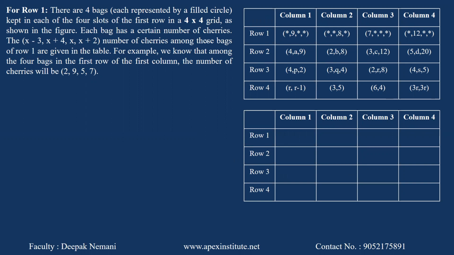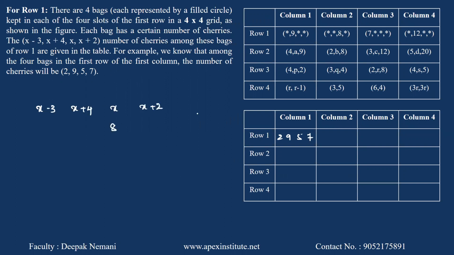So each bag has a certain number of cherries: x minus 3, x plus 4, x and x plus 2. So for example, we know that among the 4 bags in the first row and of the first column, the number of cherries will be 2, 9, 5 and 7. Now here, this will be in the order x minus 3, x plus 4, x and x plus 2.